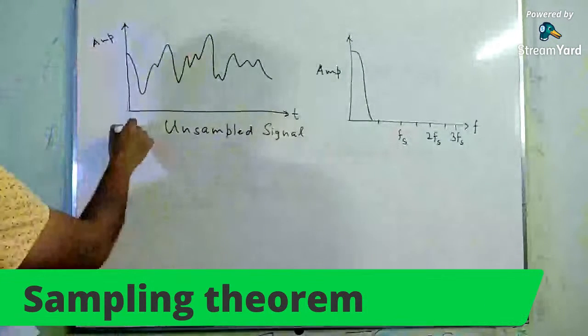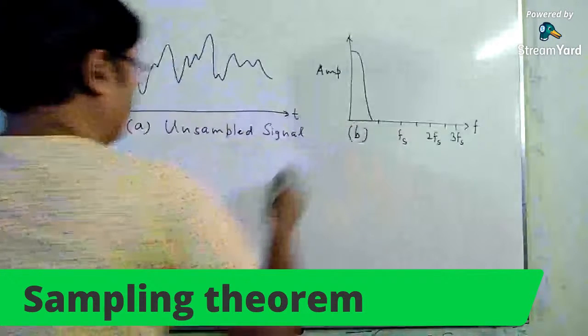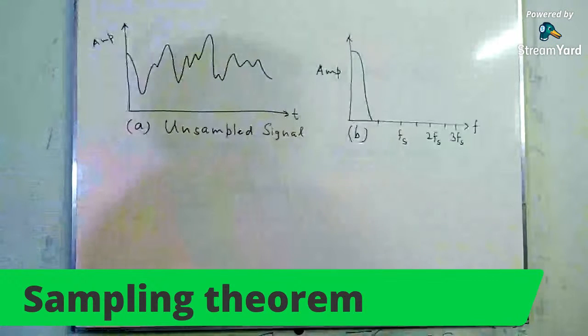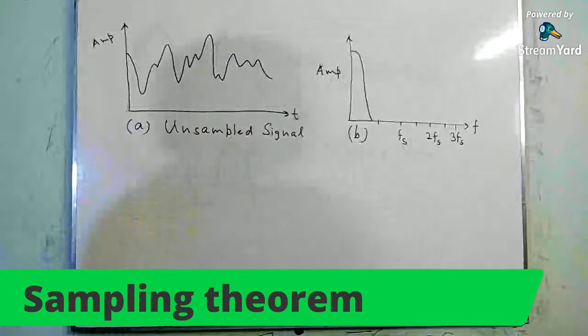So let it be figure A, let it be figure B. Figure A shows an analog signal and its frequency spectrum is shown in figure B.